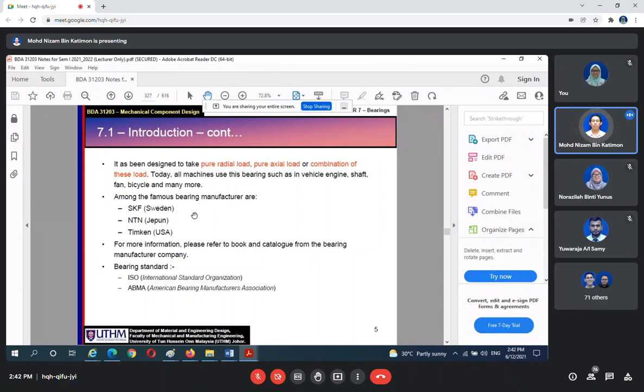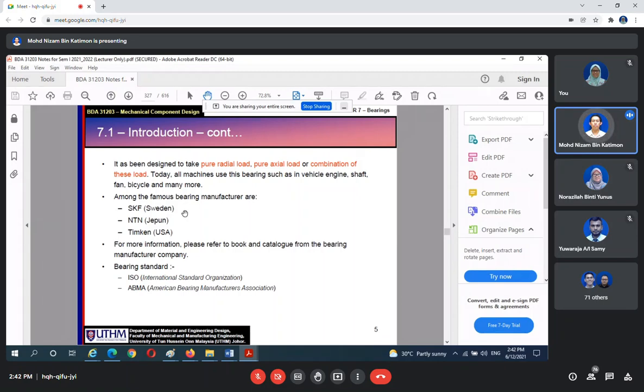Let's become familiar with some famous bearing manufacturers. I think most of us know SKF, a Swedish company and one of the top producers of bearings. The second is the Japanese company NTN.